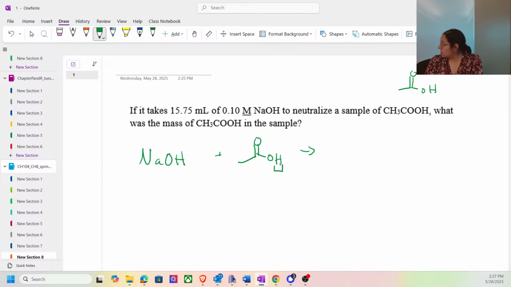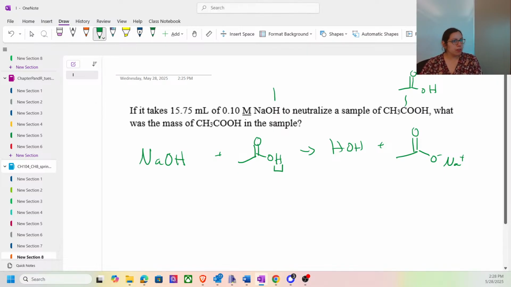This is our acidic proton. Then we form HOH, so water, and sodium acetate, which always looks like nacho to me when it's written. The whole point was to see that they're in a 1-to-1 ratio of NaOH to vinegar. However many moles of NaOH it takes, that's that many moles of our vinegar.